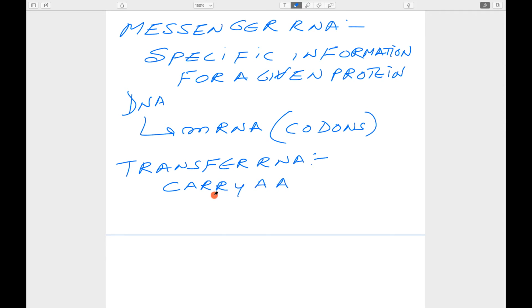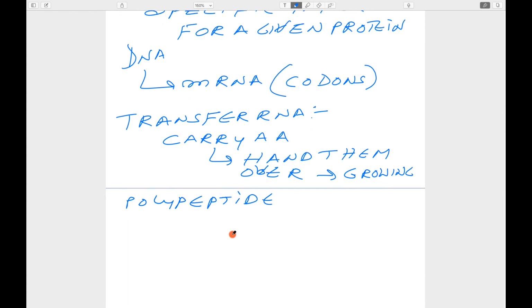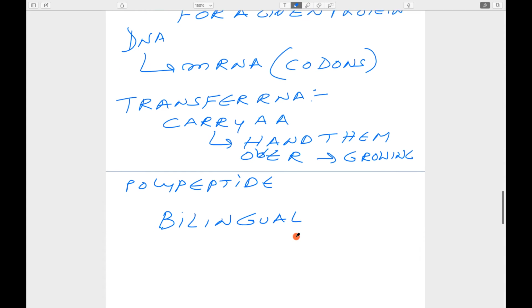Not only does it carry the amino acids, it hands them over to the protein synthetic machinery to become a growing polypeptide. So that is the importance of transfer RNA. The transfer RNA can be said to be bilingual, so it can understand more than one language.